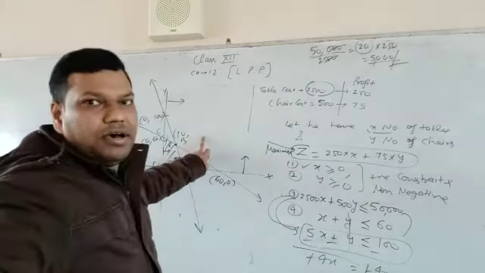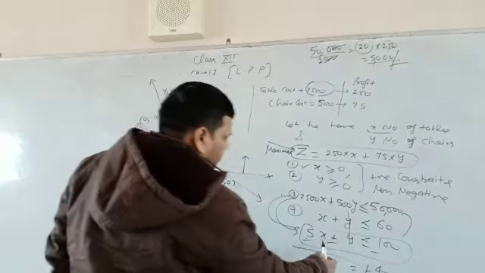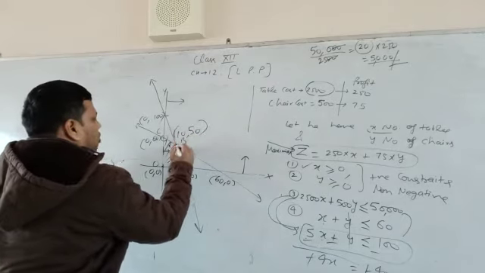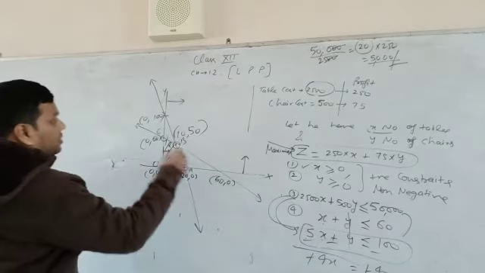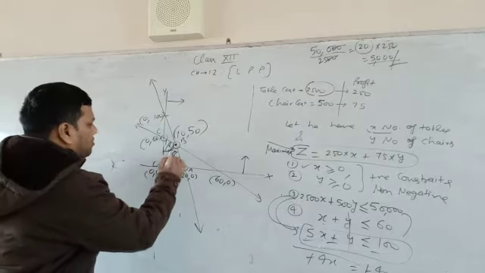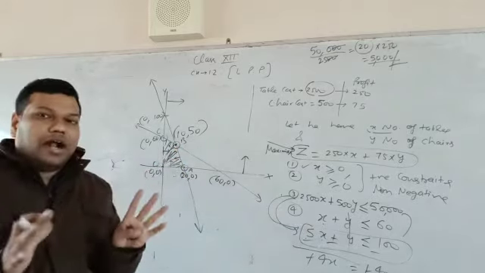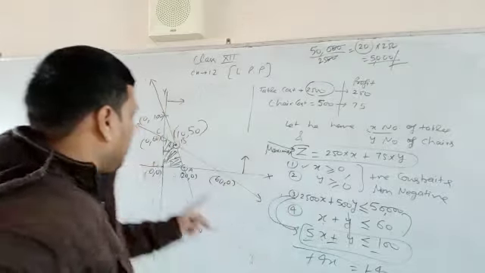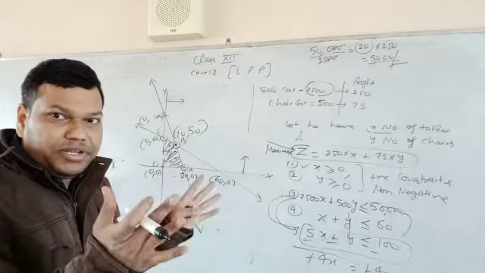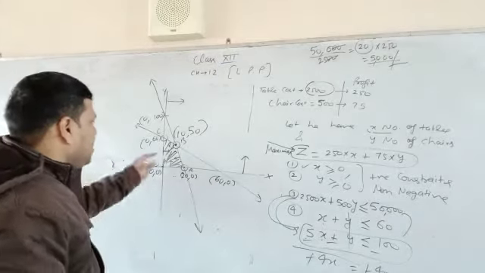You will have another point: if you put 10, y will be 50, right? So you have all these points. This region is called the feasible region, the common part that you got. It is also known as a bounded region, not open. It is bounded from everywhere.